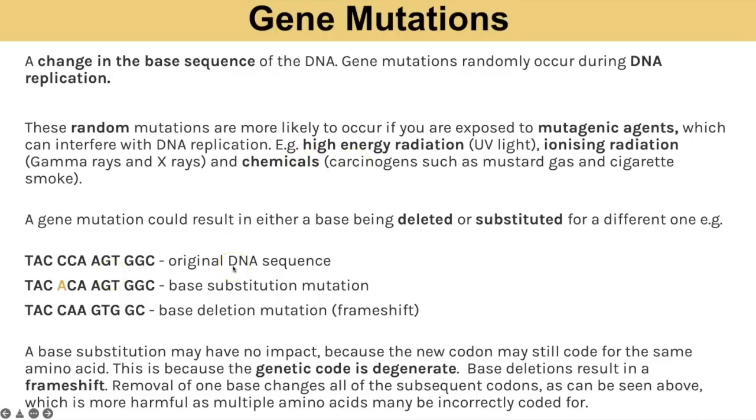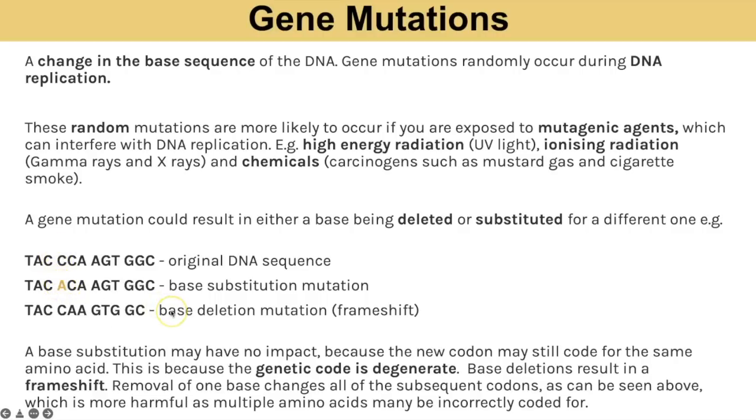A gene mutation can result in either a base being deleted or swapped, so substituted for a different base. So here are our examples. We have our original DNA sequence. This is showing a substitution. Instead of cytosine, that has been swapped or substituted for adenine.